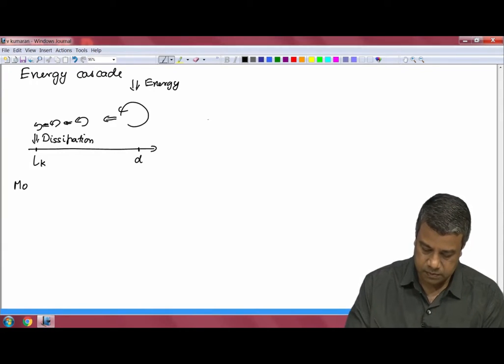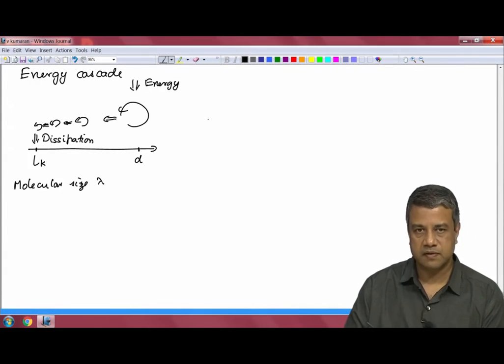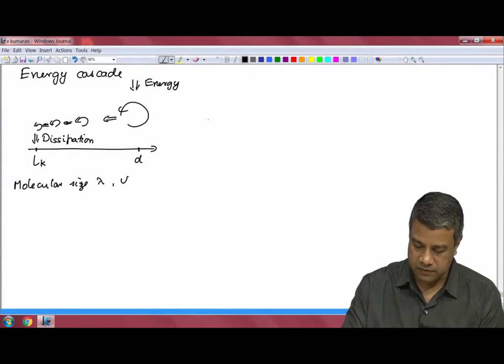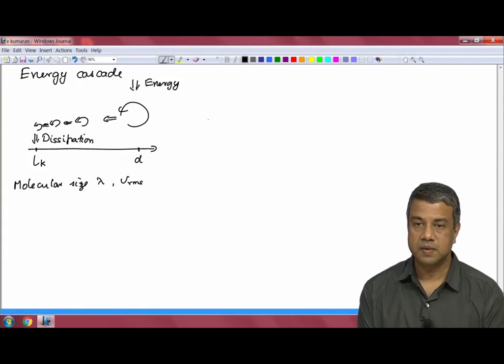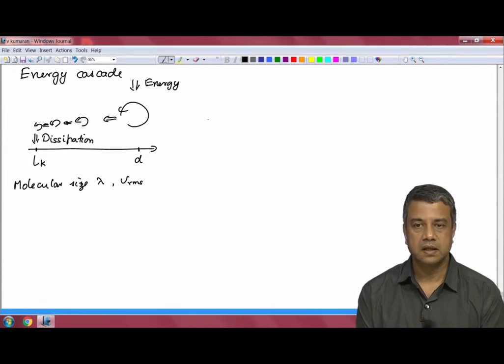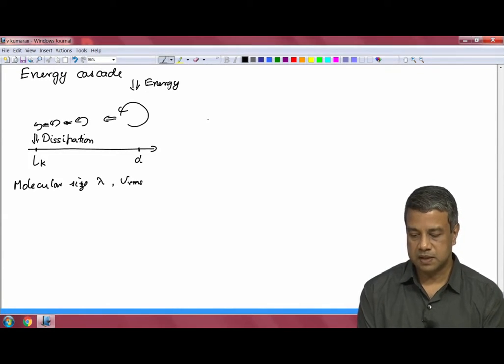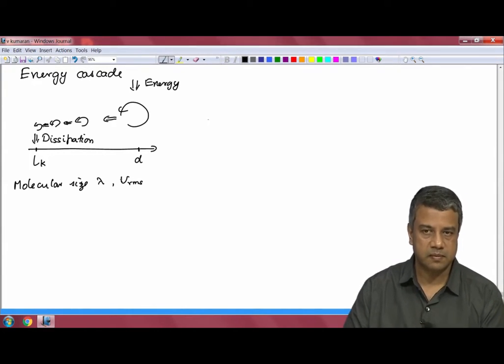So, the molecular length scale is the mean free path in a gas, and the molecular velocity scale is the root mean square molecular fluctuating velocity, as distinct from the root mean square of the turbulent fluctuating velocity. The turbulent fluctuating velocity is a flow property, whereas the molecular fluctuating velocity is a fluid property at a given temperature and pressure in general.